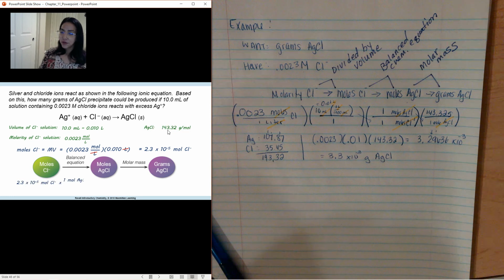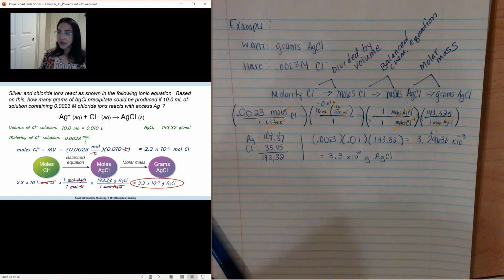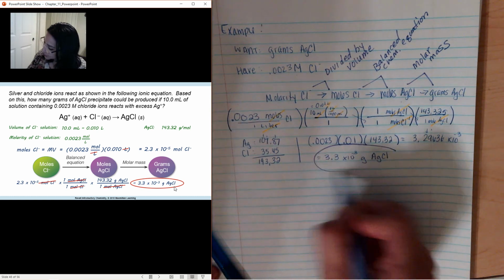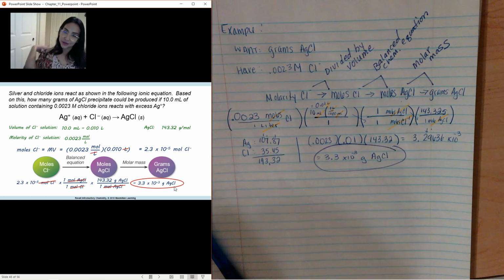So they got 143.32, just like we did right here. So now they're taking that number that they obtained, doing the 1-to-1 mole ratio from the balanced chemical equation, just like we did, and multiplying it by the molar mass, just like we did. And they got 3.3 times 10 to the negative 3 grams of silver chloride. We are correct. Give ourselves a pat on the back. All right.